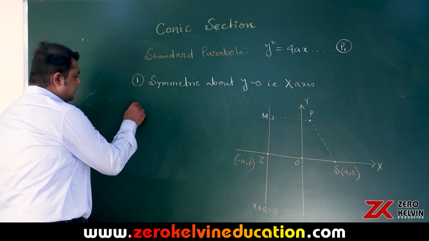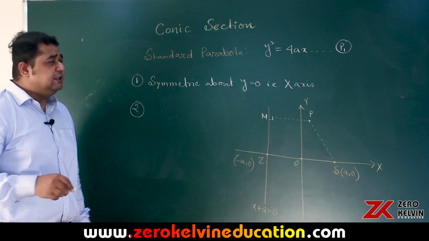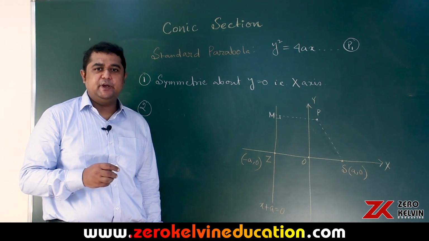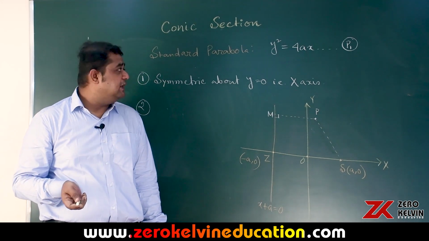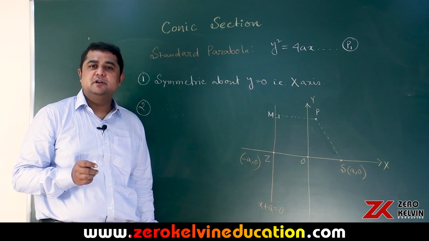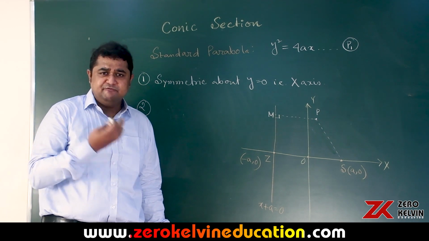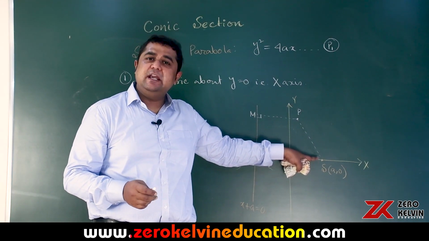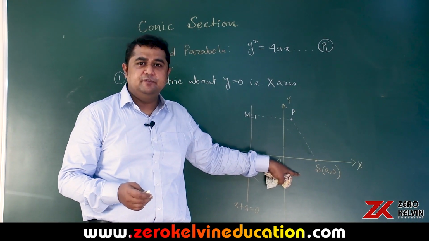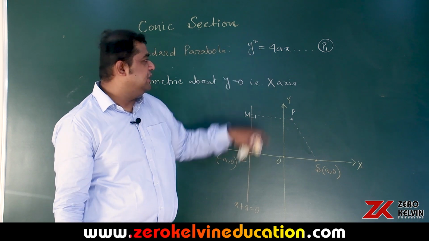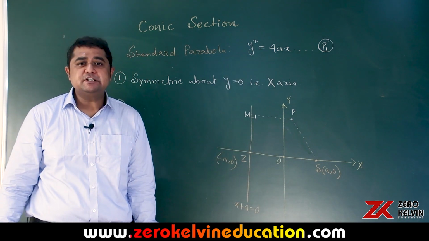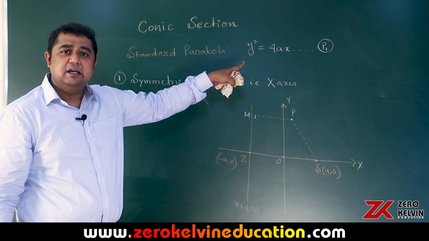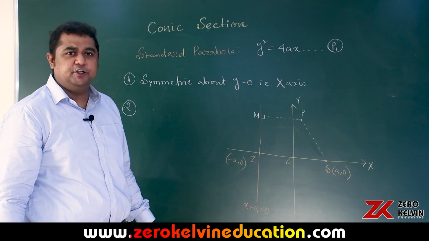Second point, we will consider the left hand side of the equation contains an even power, that is y square, whereas on the other side we have 4ax. Now, 4 is already and visibly a positive constant. As per our assumption, a is also positive. So, to hold the equality with the left hand side, which is always non-negative, we must have x greater than or equals to 0.